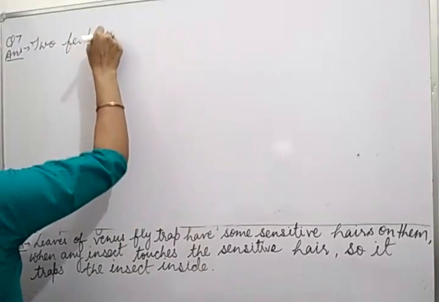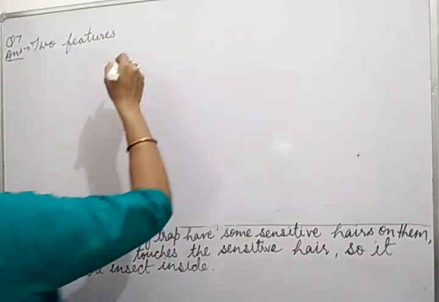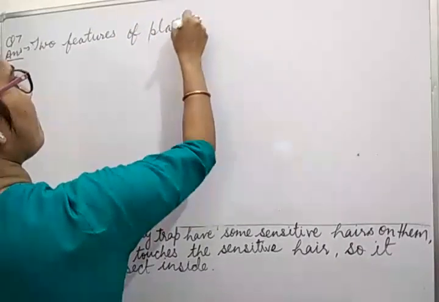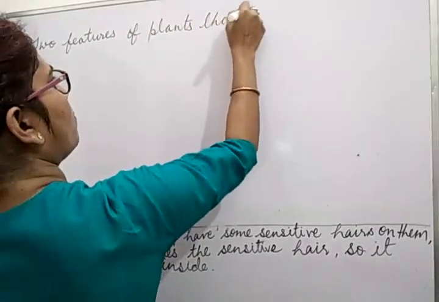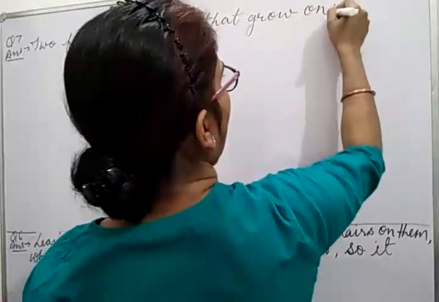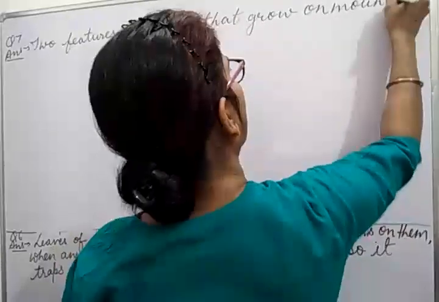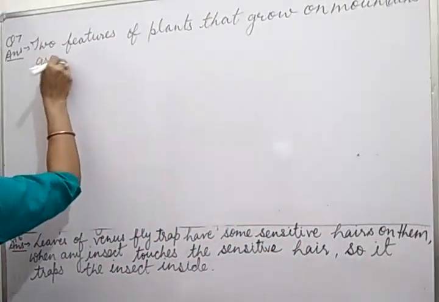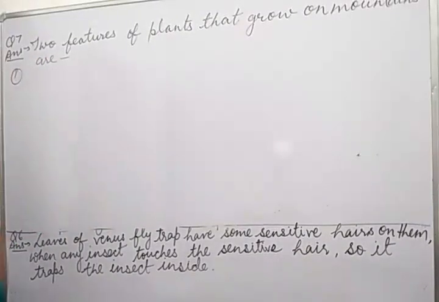Two features of plants that grow on mountains are: what is the first feature? The first feature is they are tall, straight and conical in shape.